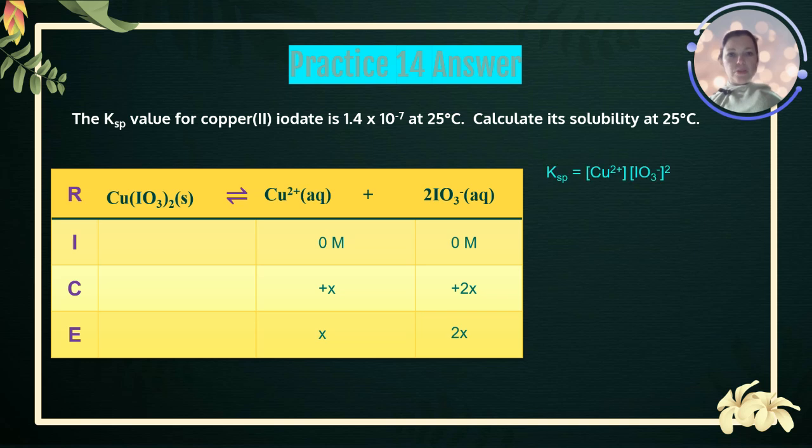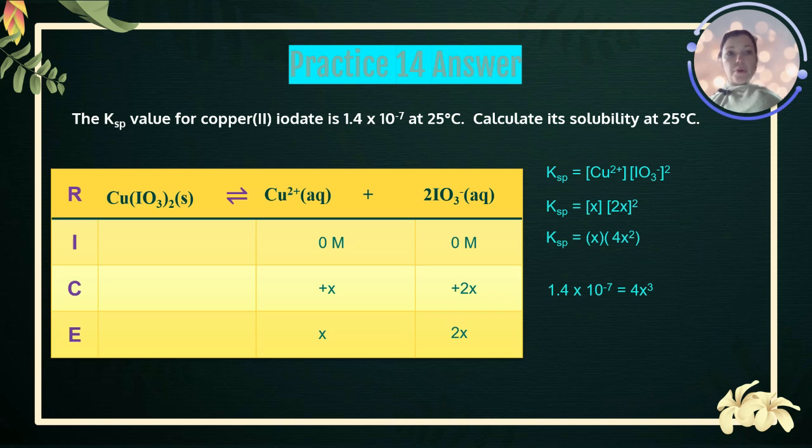So we're going to write our Ksp expression, which is going to be the concentration of Cu2+ times the concentration of IO3- squared, because of the 2. Now we plug in our x and our 2x, and we end up with x times 2x squared, which is x times 4x squared, so that's 4x cubed, and we know that the Ksp is 1.4 times 10 to the negative 7th.